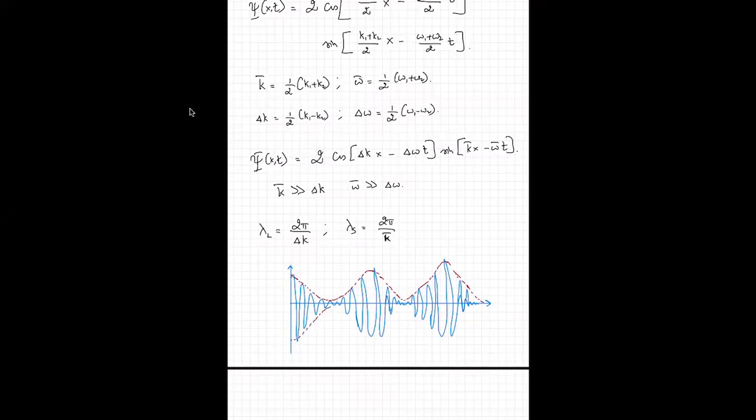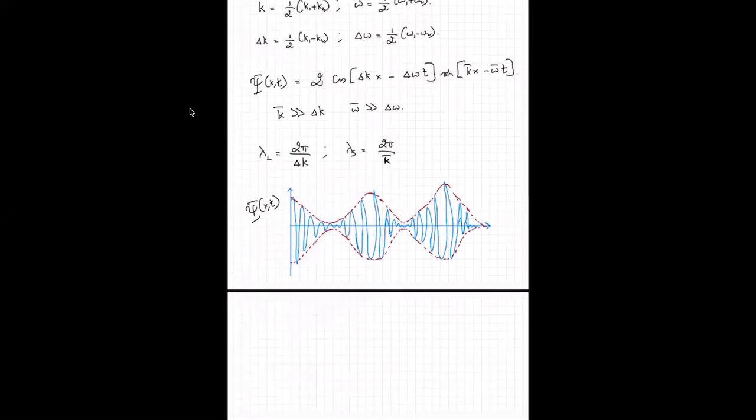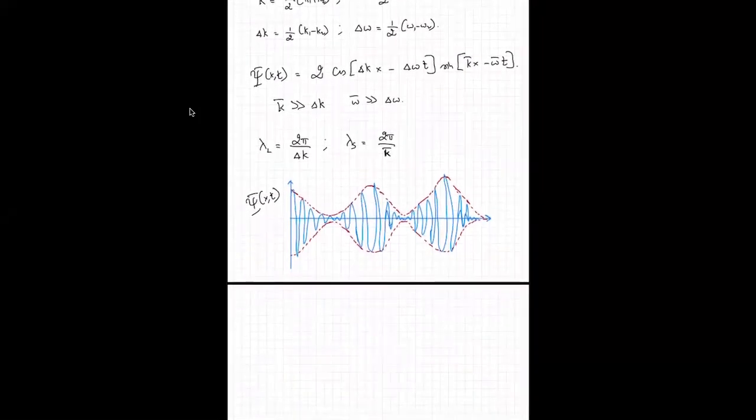Again, this is the envelope of the first rapidly oscillating wave. Okay. So this is what my psi of x, t looks like. I've only drawn the wave qualitatively, and only the spatial part, but I hope that is clear.